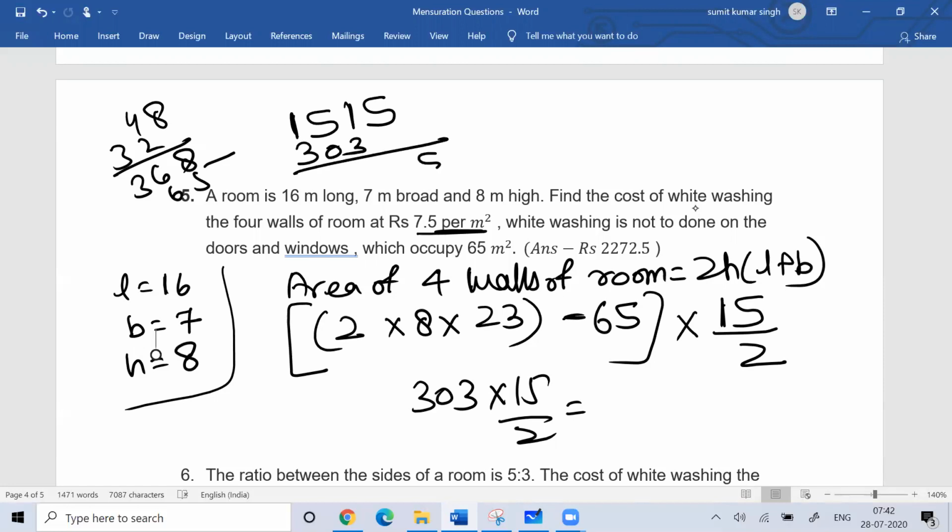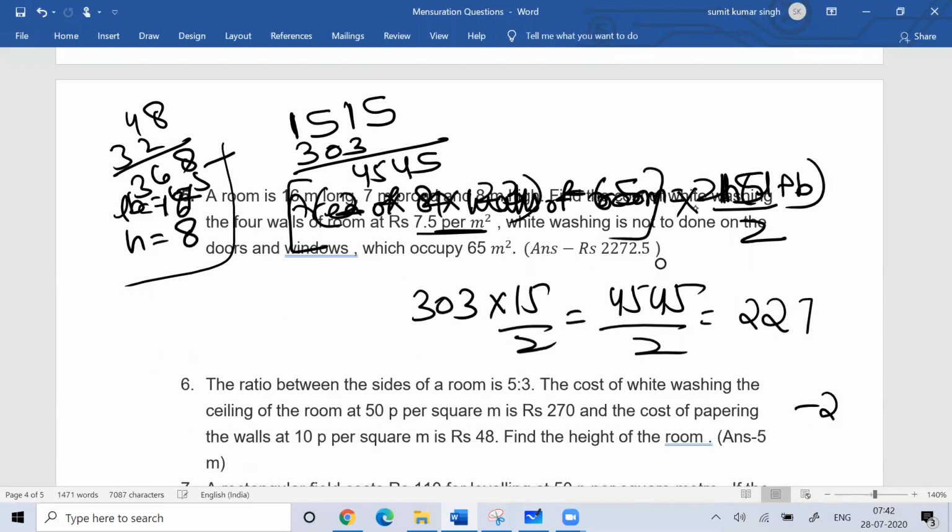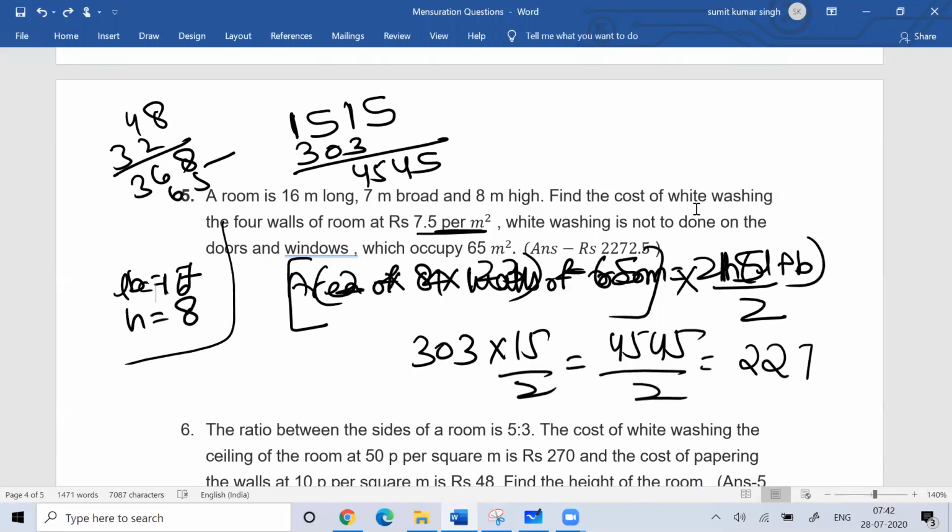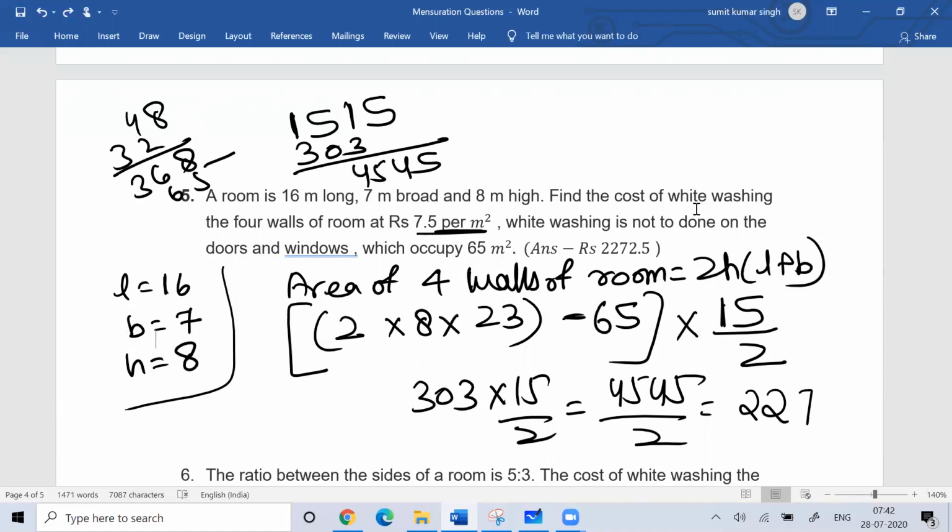So you will get 4545 divided by 2. That is 2272.5. This is the cost.